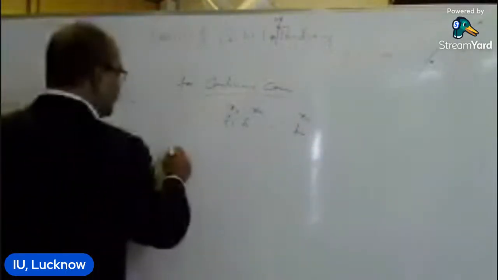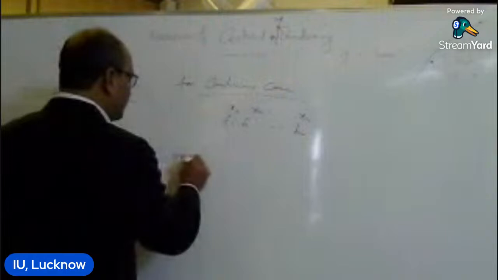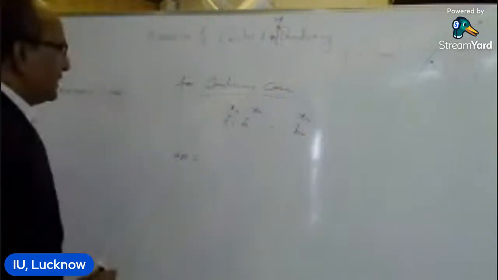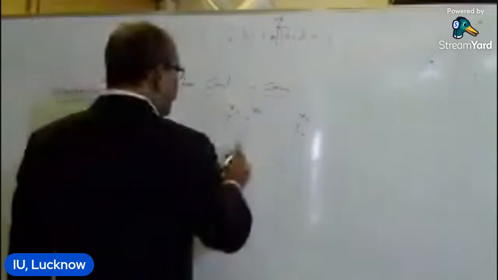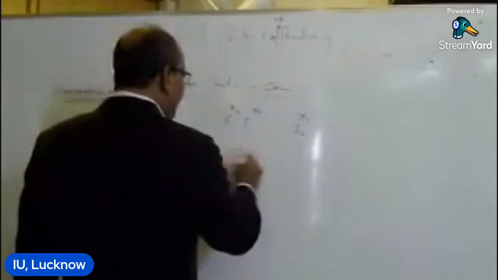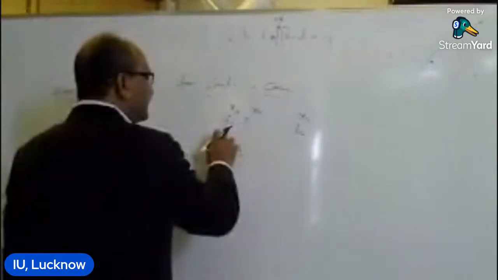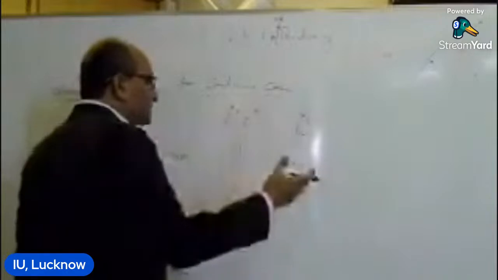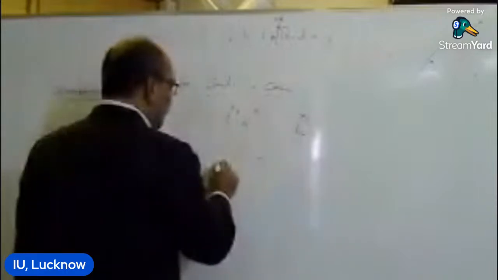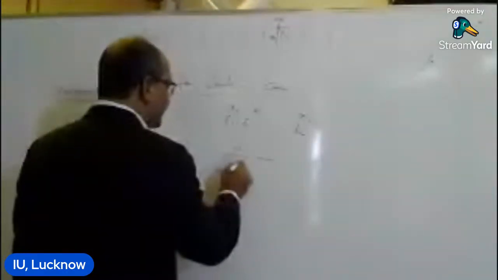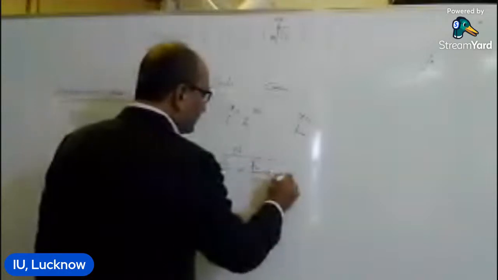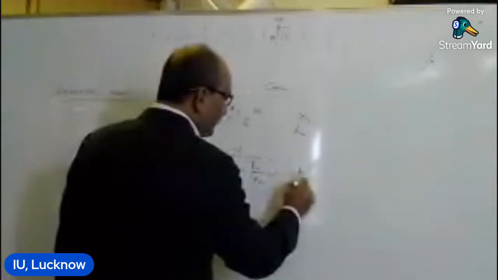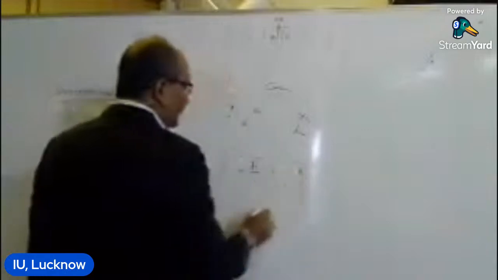So the harmonic mean is the total frequency, capital N, divided by f1 divided by x1 plus f2 divided by x2 and so on, up to fn divided by xn.